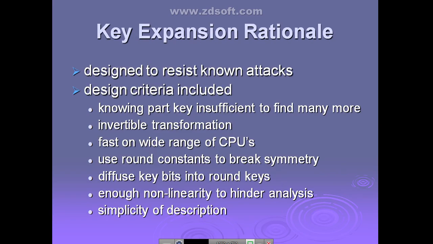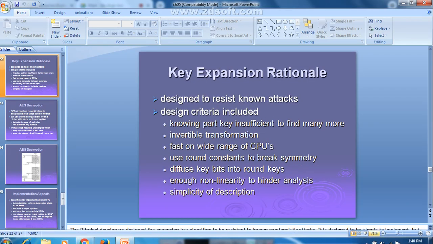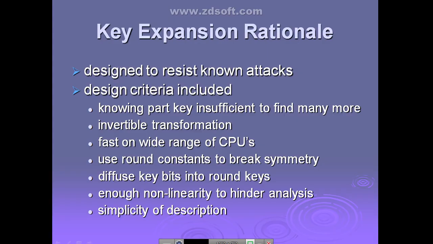Now we will see, the slide has changed. Some key expansion description we will see. By doing the key expansion, what are all the advantages you are going to get in the AES algorithm? By using this expanded key, the design is going to resist known attacks. That advantage you are going to get.